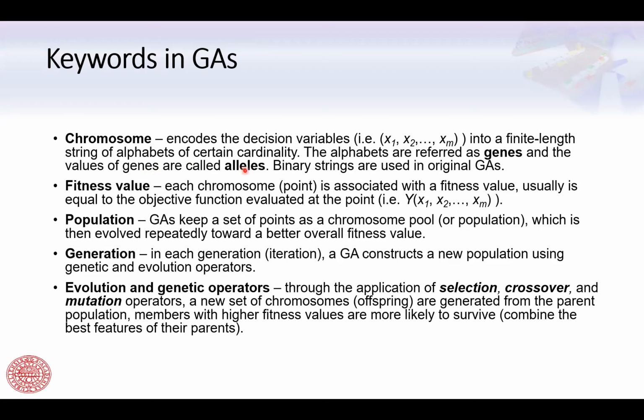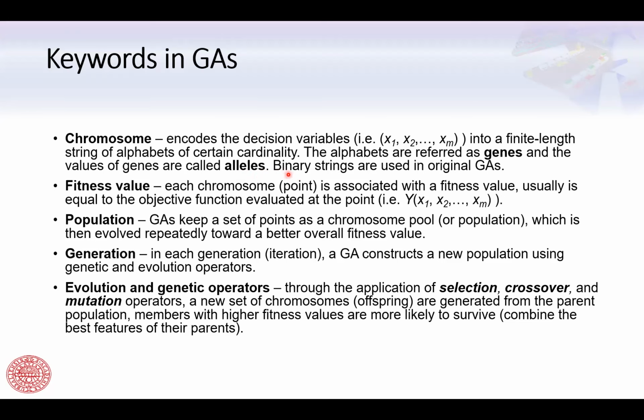In an original genetic algorithm, we start with a binary string, and later, when we give the example of crossover and mutation, we also stick to this binary string and see how it works. The alphabets in the representation are called genes, and the value of the genes, representing the value of the decision variable, is called the alleles.